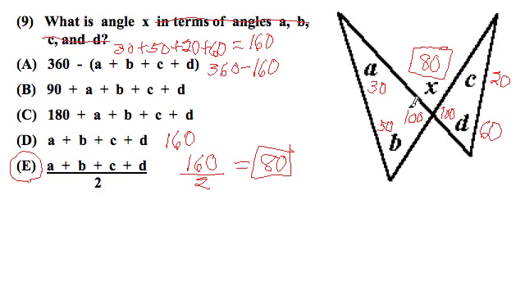If we call this angle y, and look for an algebraic solution, x plus y has to equal 180. And y plus a plus b also has to be equal to 180.